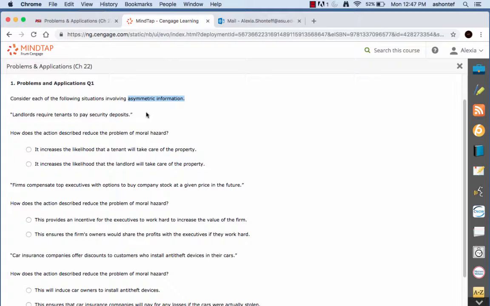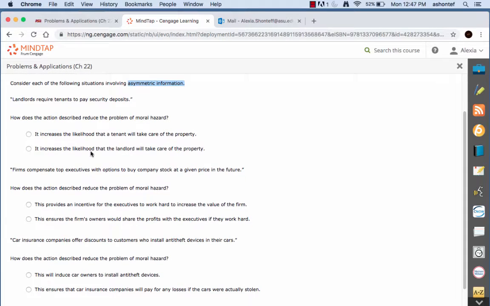When a landlord rents out a condominium, let's say, they have no idea if the person they're going to rent to is going to behave well or not. So this question is asking, what is the reasoning behind a landlord wanting a tenant to pay a security deposit? I think you could probably answer that.